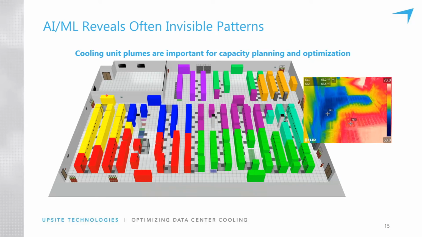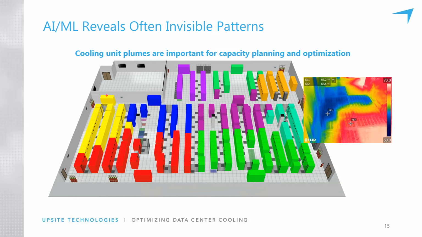And you may or may not realize that the air underneath the raised floor doesn't mix very much, actually. Each cooling unit has its own unique plume, and those plumes of air bump up against plumes from other cooling units, and there is a distinct boundary layer.